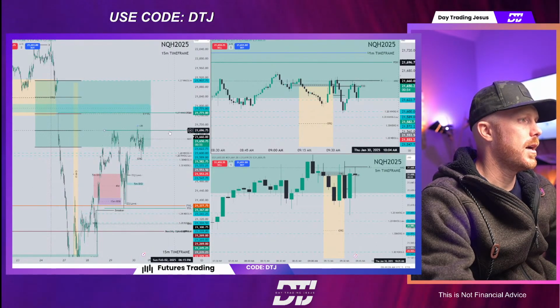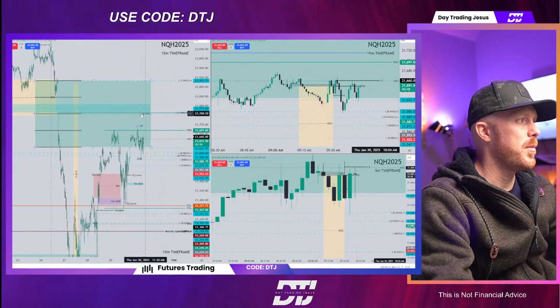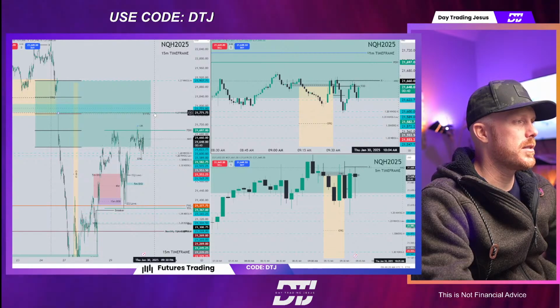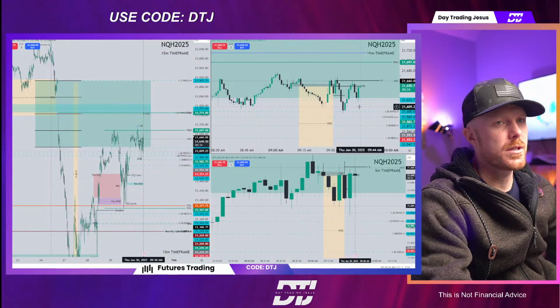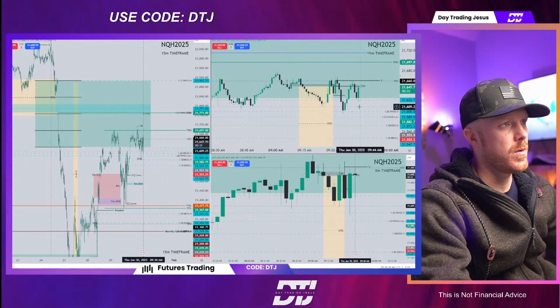Is this the opening range gap sitting right here? It's right at the midpoint of the daily fair value gap. So I think ultimately my target is going to be 21,771. That's where I'm thinking it wants to go, 21,771.